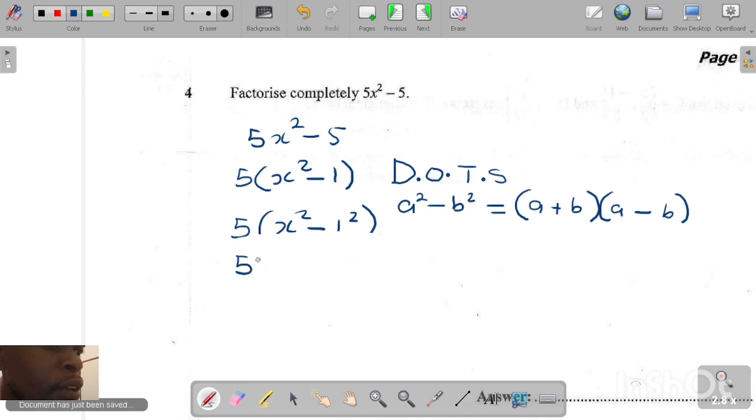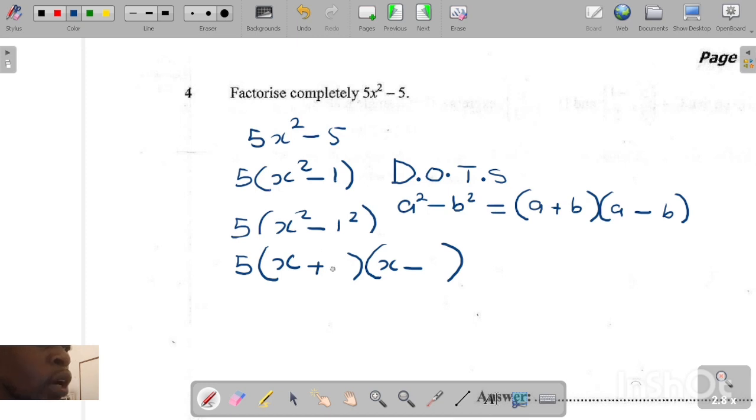So now we are going to have 5, then plus, then minus. The square root of x squared is x, you also write it here. The square root of 1 is 1, you also write it here.